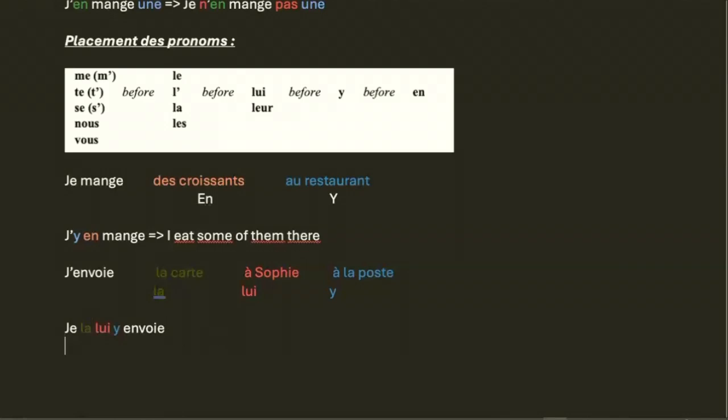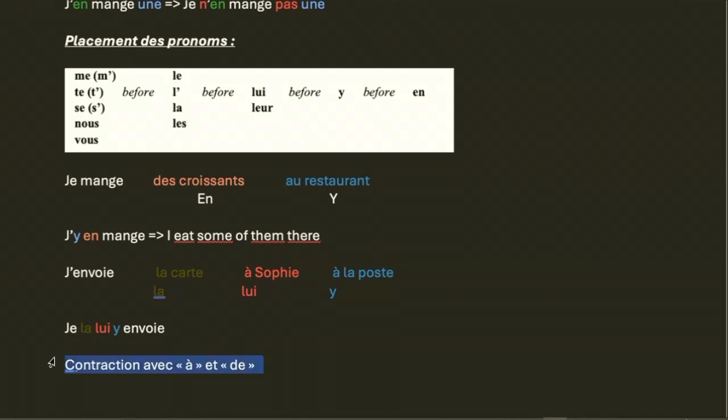D'accord? Excellent. And to finish, we've seen that a couple of times, it's going to be the contraction avec à et de. D'accord? What does that mean? That means sometimes when we have à and de plus an article, we have to do the contraction.